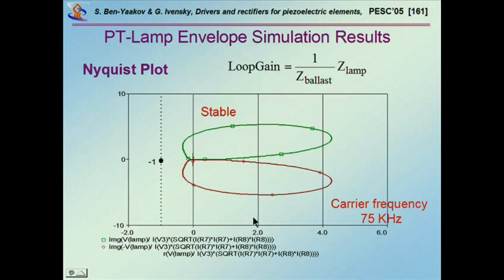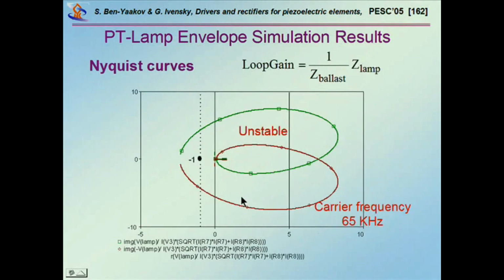system. Now, if you change the carrier frequency, it turns out that for this particular case, the incremental impedances are changing such that this particular one is really encircling the -1 point. So this is an unstable system.